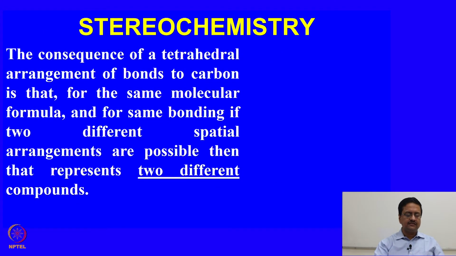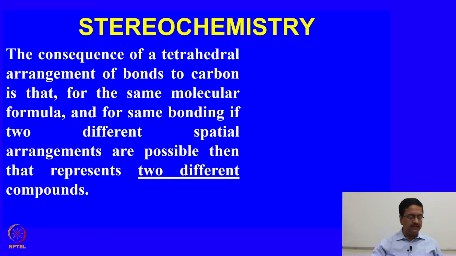The consequence of the tetrahedral arrangement of bonds of carbon is that for the same molecular formula and the same bonding, if two different spatial arrangements are possible, then those two different orientations are two different compounds.